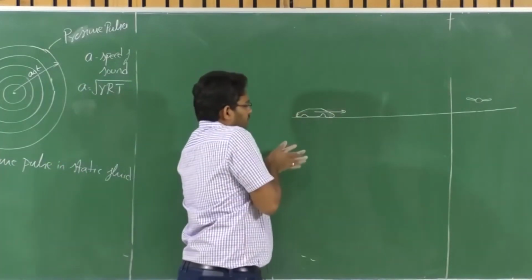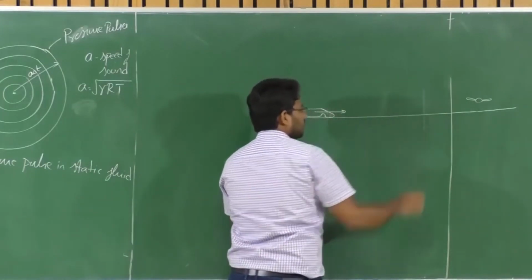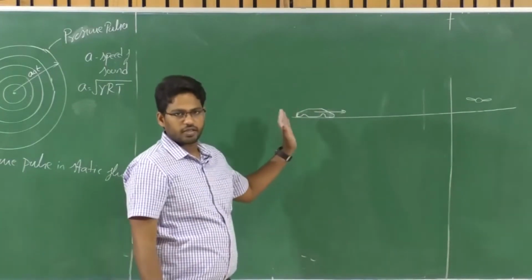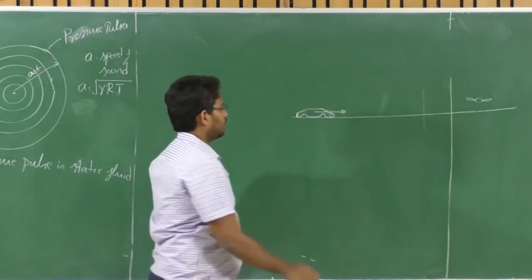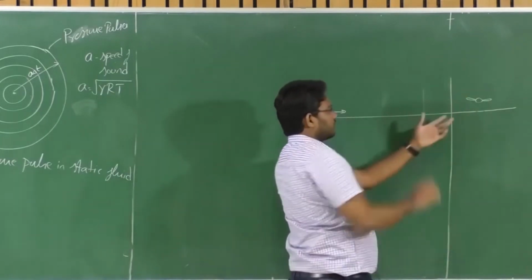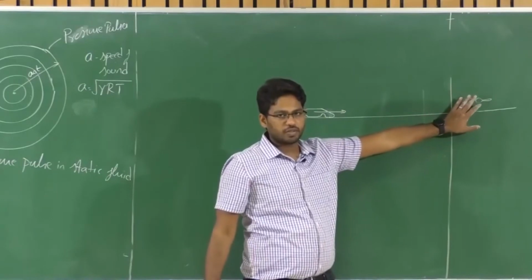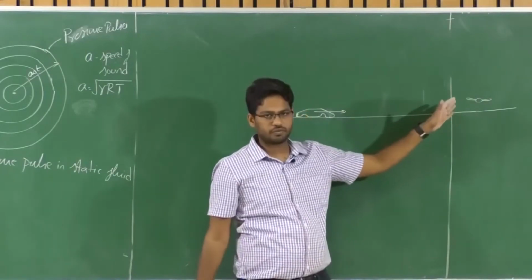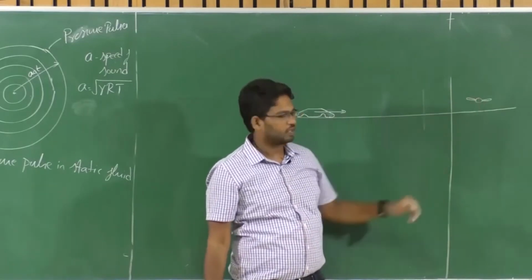Depending upon the intensity of the disturbance, it may travel a certain distance, right? Am I correct or not? But if the disturbance is in the vicinity, this is not affected. The flight of this insect or the bird, which is far ahead of your car, will not be affected much.